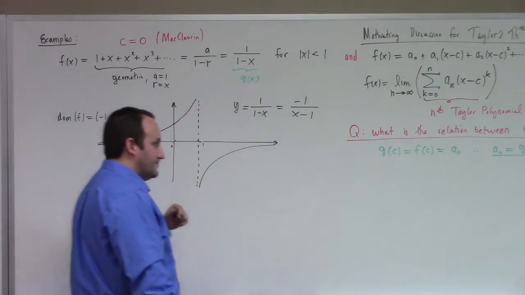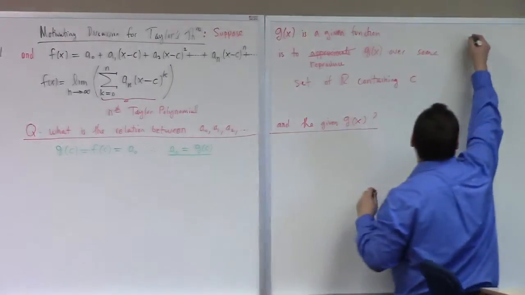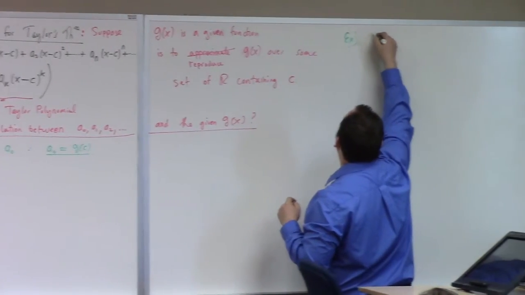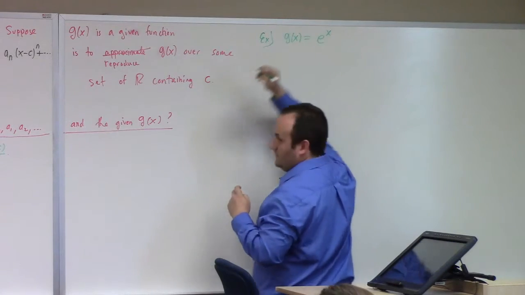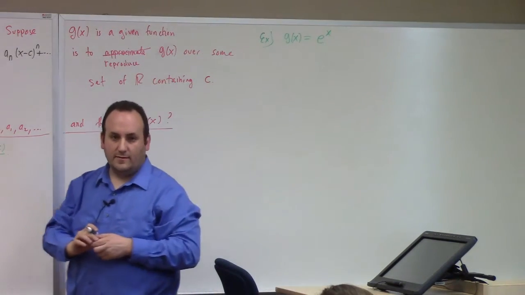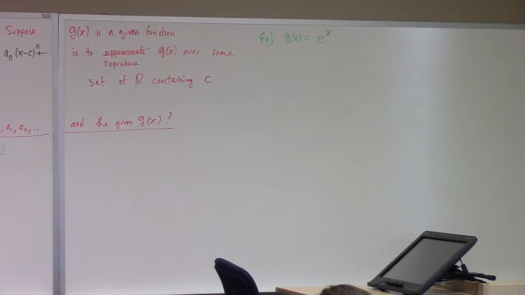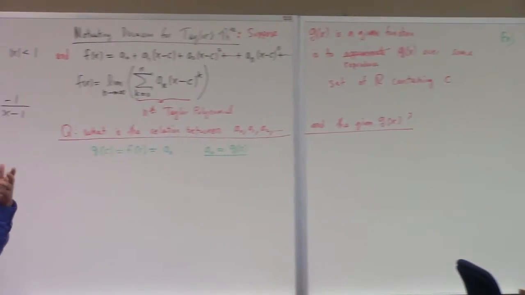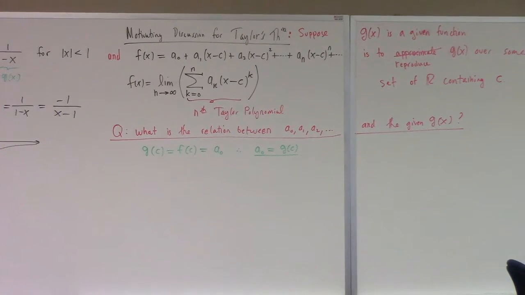For example, soon, right after I get done with this discussion, our next example will be g of x equals e to the x. Well, I can't rewrite e to the x as a geometric series. That's not a rational function, right? So if I want to understand how e to the x can be rewritten as a power series, as a Maclaurin series, I need to understand something different.